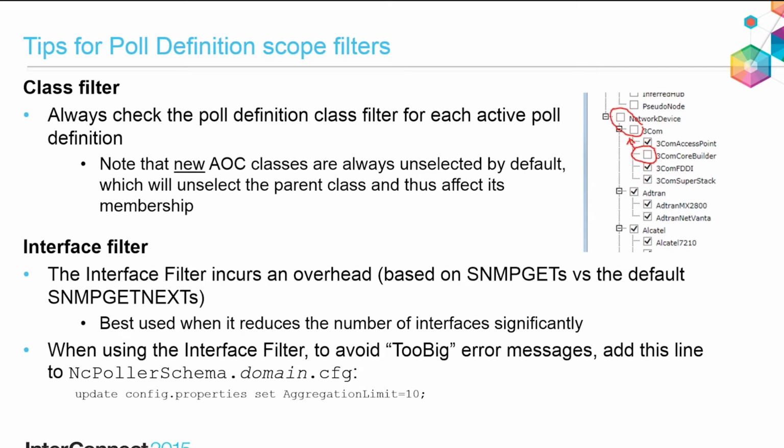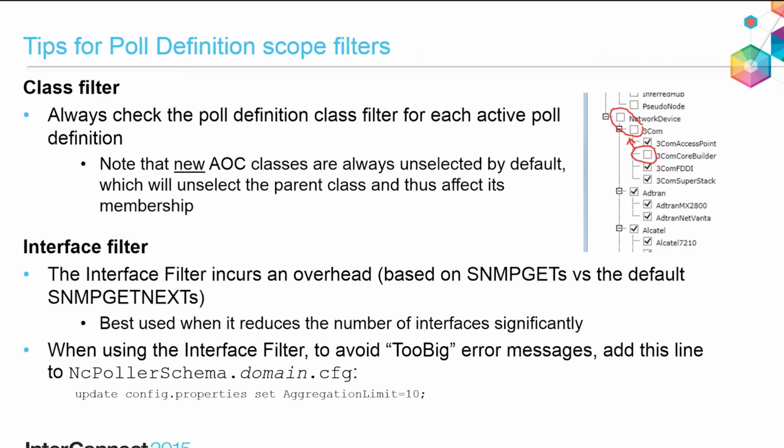So if you're only filtering out a few interfaces, it may be more efficient just to not use it at all and just do the default SNMP get next.